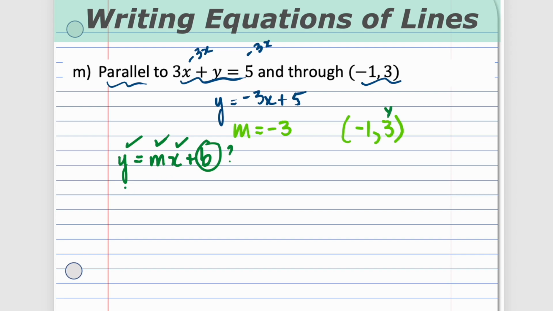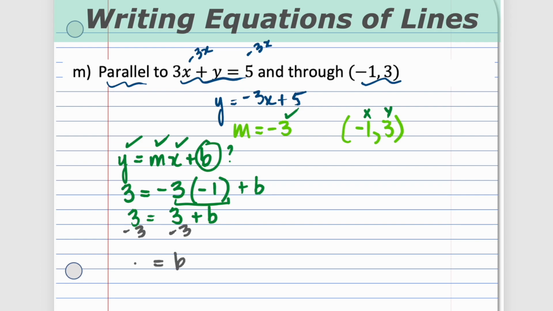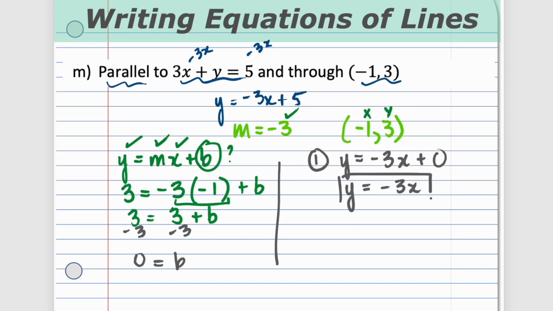Plug in the y, which is 3, and the slope, -3, and the x value is -1 plus b. 3 is equal to negative times negative is a +3 plus b. We'll subtract 3 both sides. b is equal to 0. Our equation then is y is equal to -3x plus 0, which we don't need to show. And that's it.